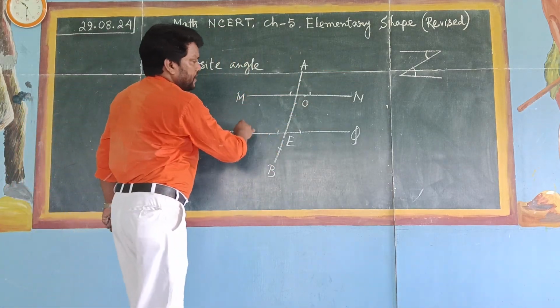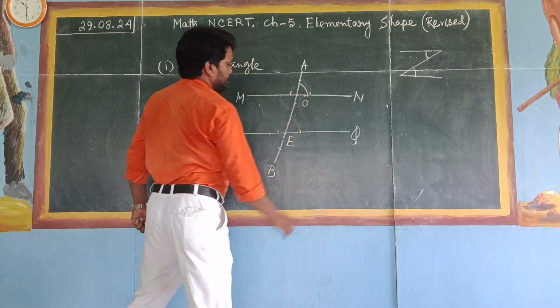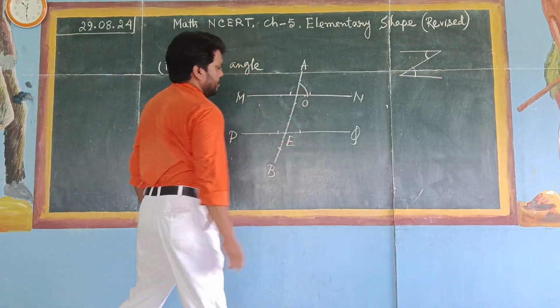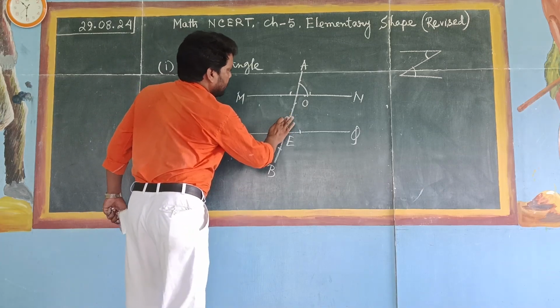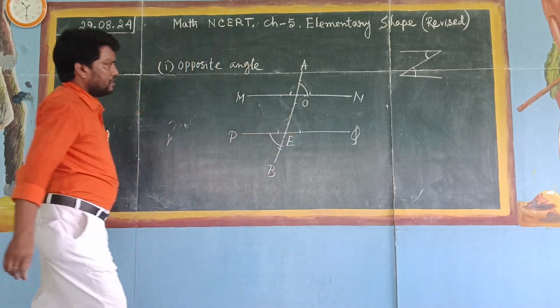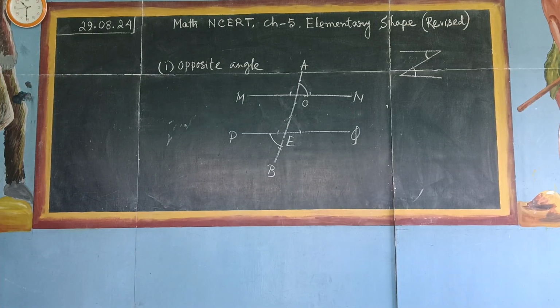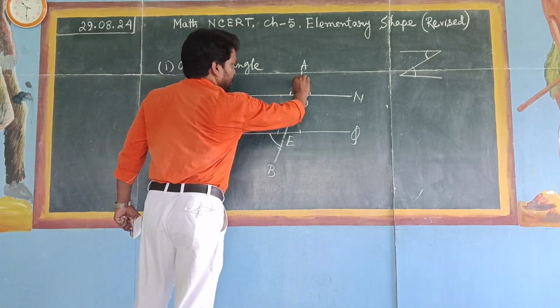So look at the figure. Suppose this angle AON is alternate. Understand? There are also alternate angles here, but it is also an alternate.